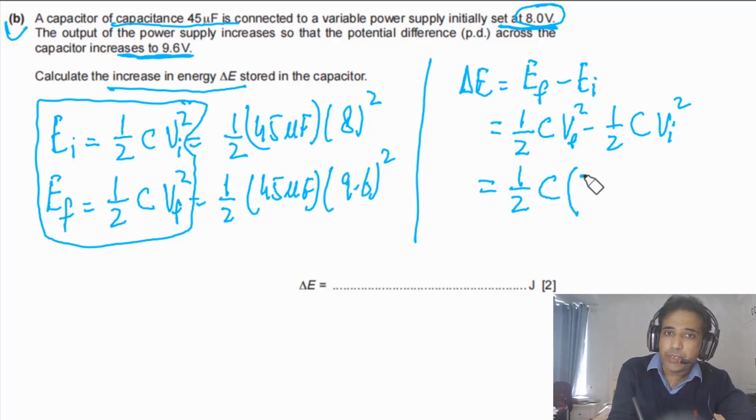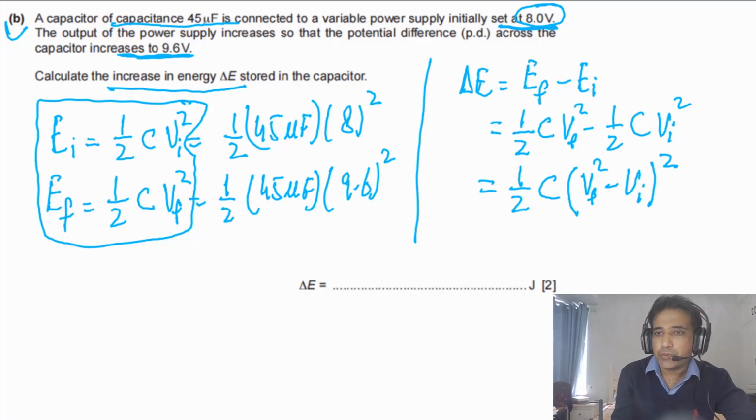Here we have V final square minus V initial square. Now simply we need to plug in values.